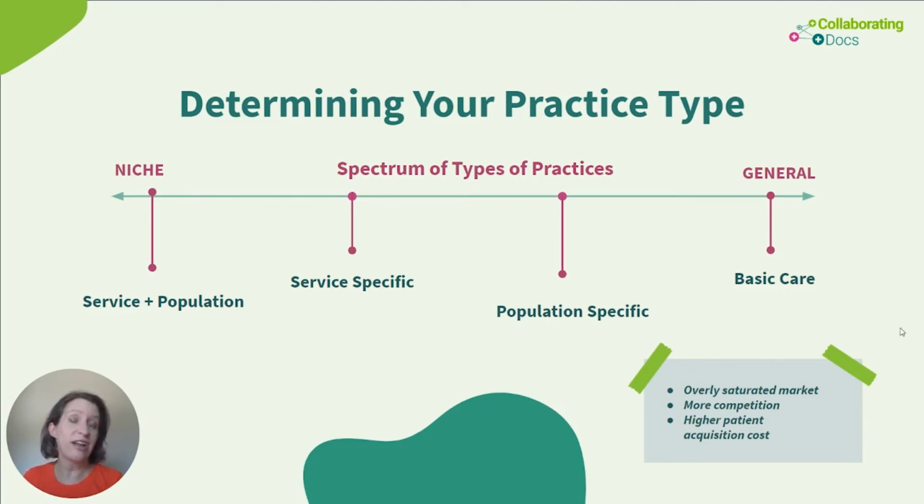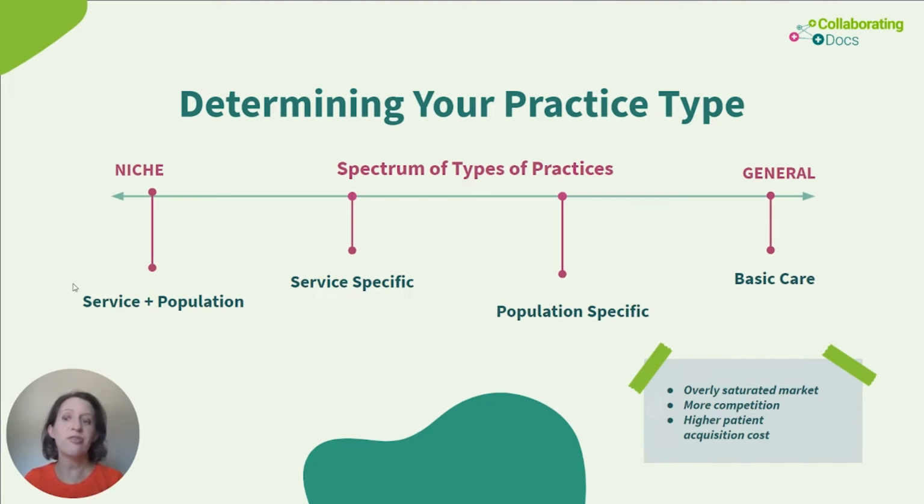It's quite oversaturated, I would say, as a market right now. There's going to be a lot of competition and it's going to cost more to market to get patients in. So just want to lay that out to begin with. Doesn't mean you can't do it, but it's something to consider. So now we're going to go through each of these 4 practice types individually.